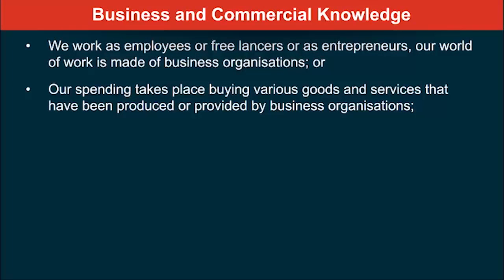Either way, we are connected through the business organizations. And you must remember that goods don't come to us directly, they come through middlemen, right? How that works also we'll be looking at.